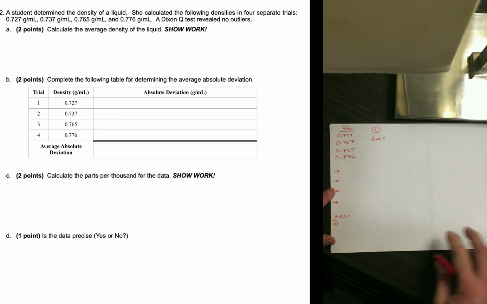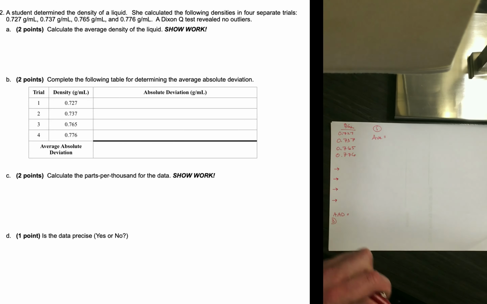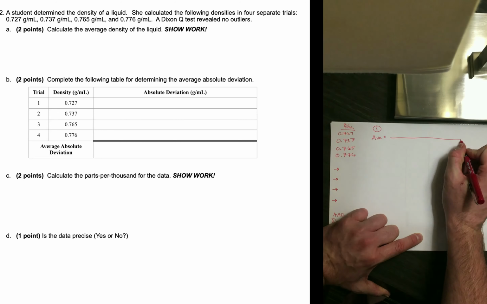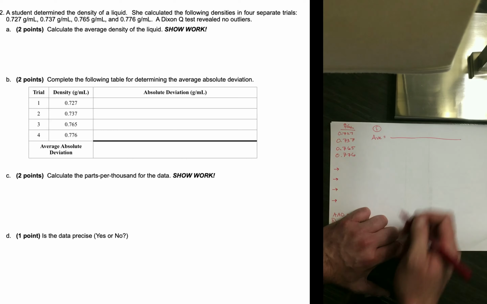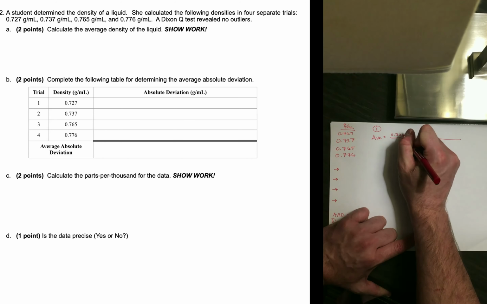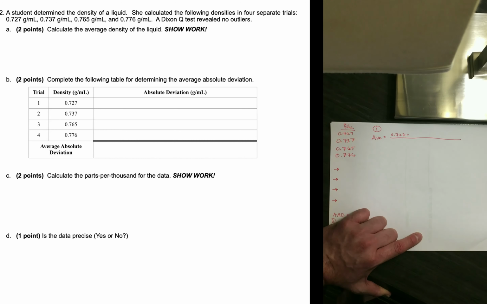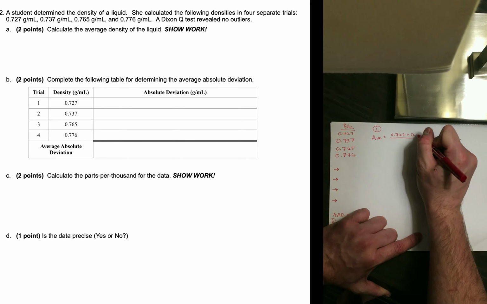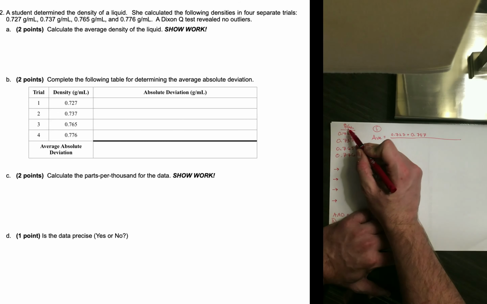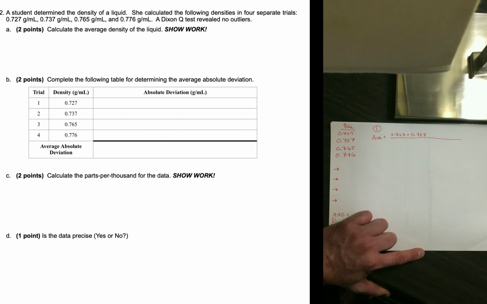Okay, so to remind everybody how we calculate an average, I'm going to go ahead and write this. So what we have to do is sum up all of these values right here. Our first data point is 0.727. I'm going to add on the next point, 0.737. I'm neglecting the units here, but these are densities, so they would have grams per milliliter units.